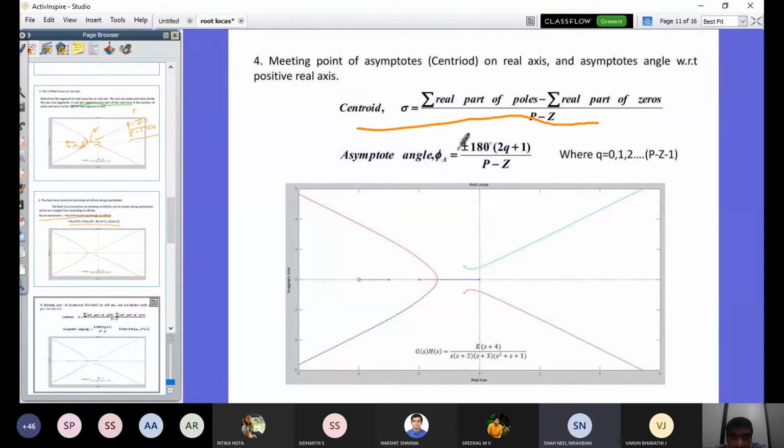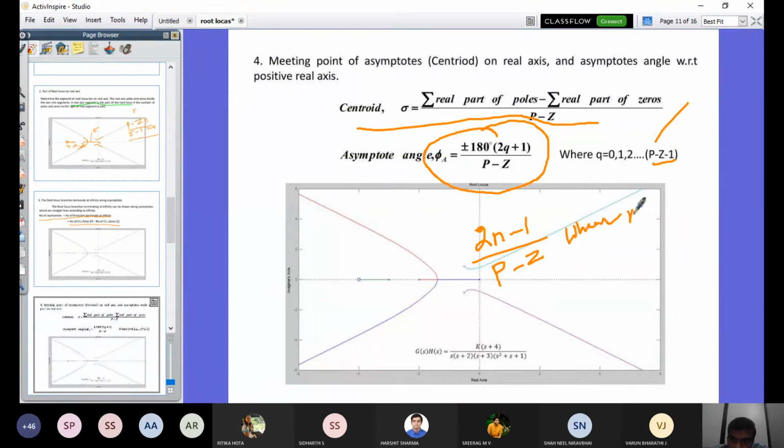Okay, dear. Next, the asymptote angle. How to find the asymptote angle? Here one formula is given: plus or minus 180 into (2q plus 1) divided by p minus z, where q value changes from 0, 1, 2 up to p minus z minus 1. Either you can use this formula, or I will give you another formula: (2n minus 1) into pi divided by p minus z, where n value changes from 1, 2 up to p minus z.